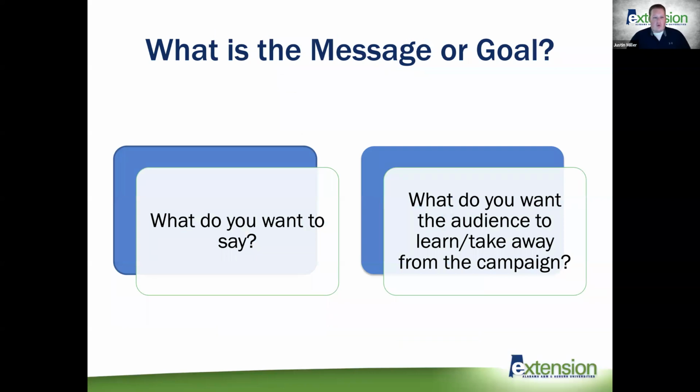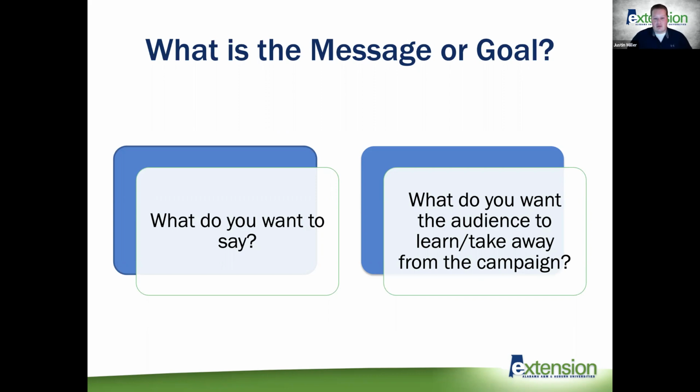The first thing you want to ask is, what is the overall message or goal of your campaign? Quite honestly, what do you want to say, what do you want to cover, or what do you want your intended audience to take away or learn from your campaign? It sounds simple enough, and you might think, isn't it obvious?